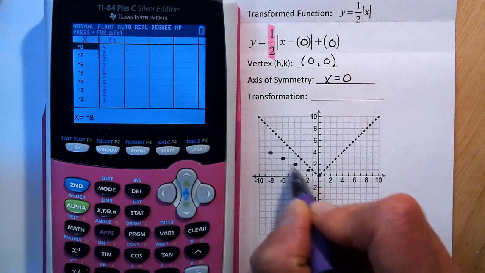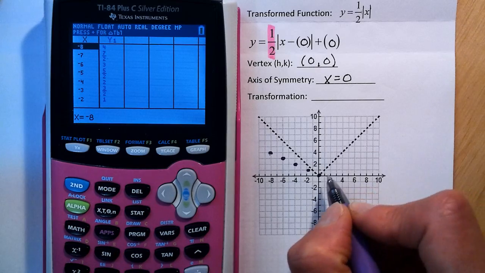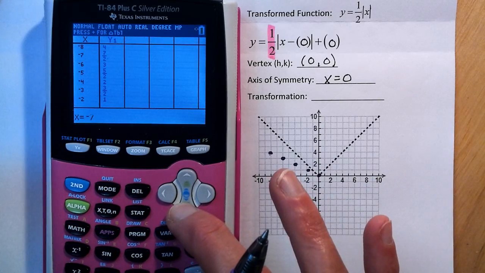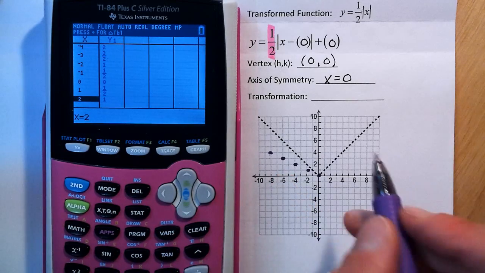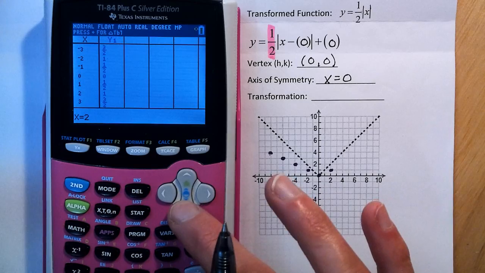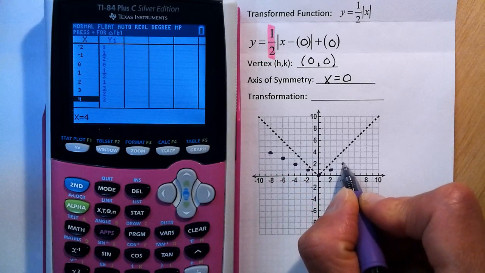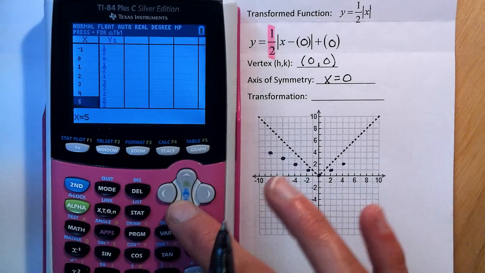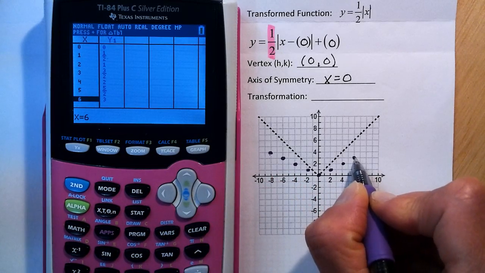So you can see it's already not as steep, so it's being compressed. And then I can do the other side. So at 2, I have 1. And then at 4, I have 2. And then at 6, I have 3.